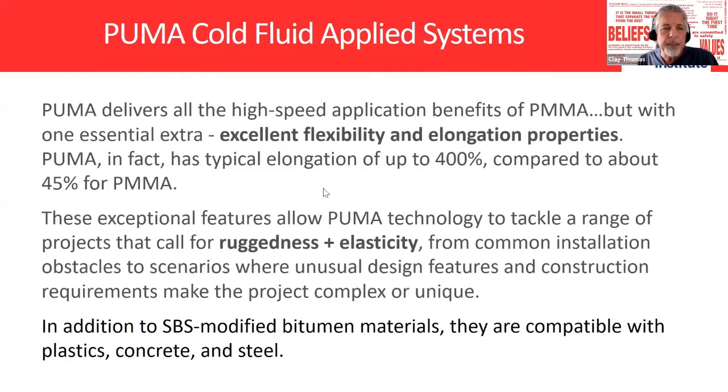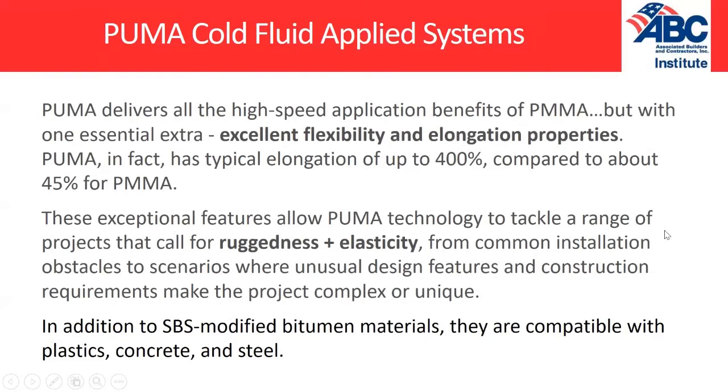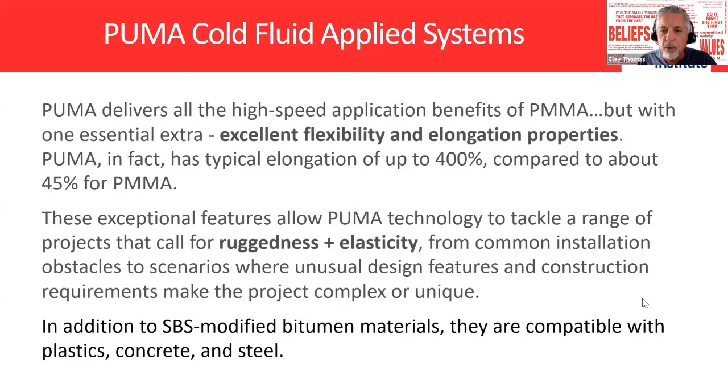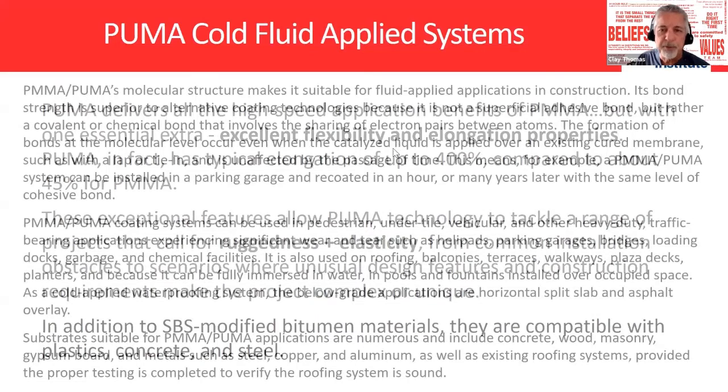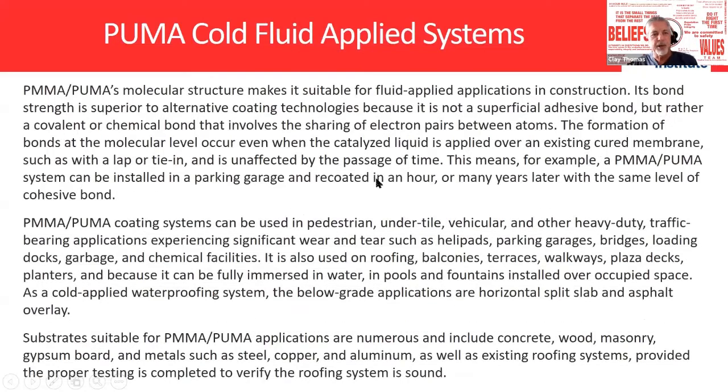PUMA, on the other hand, is a urethane-based methyl methacrylate. What you get with that is a lot better elongation and elasticity than you do with PMMA systems. PMMA's molecular structure makes it suitable for fluid applied applications in construction.